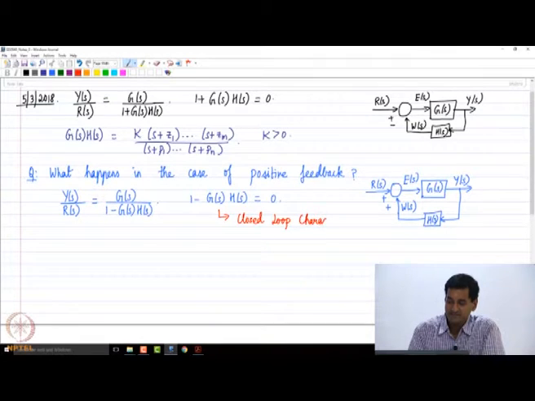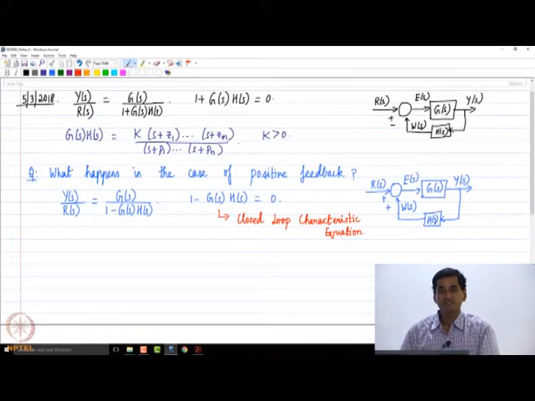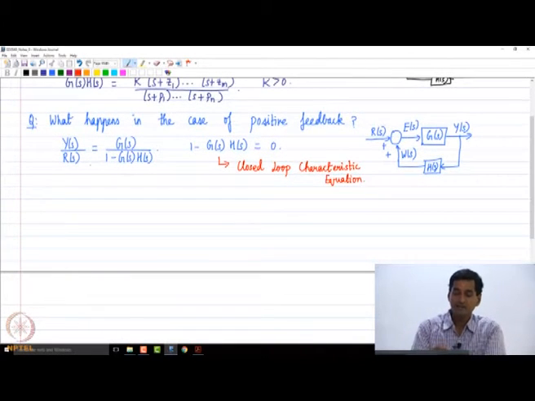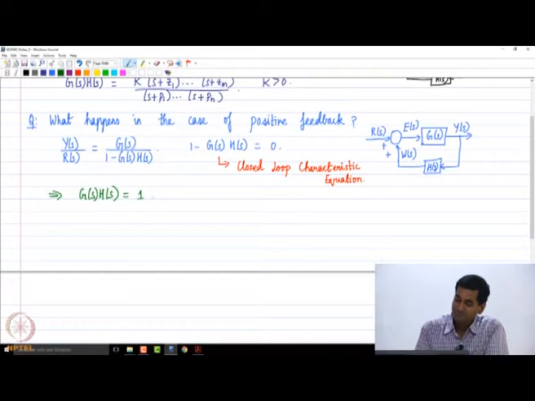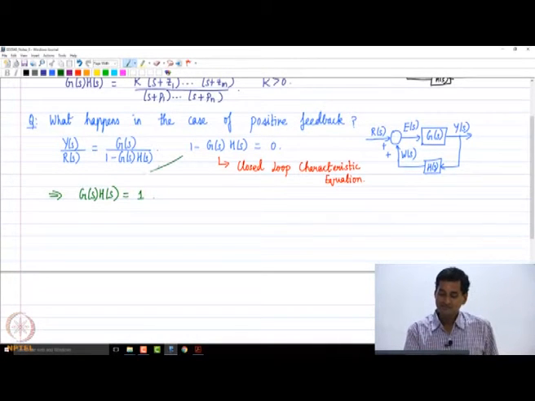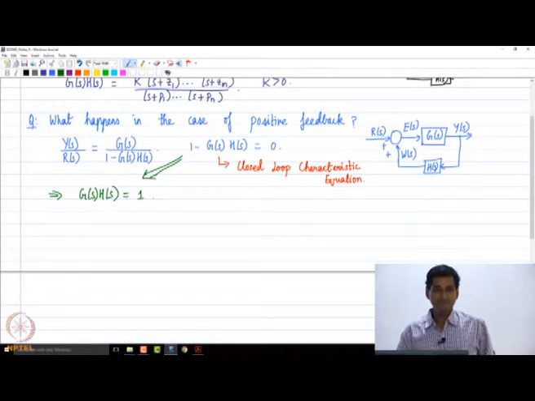Any value of s that satisfies 1 minus G of s H of s equals 0 would now be a closed loop pole. This implies that any value of s which makes the open loop transfer function equal to 1 will be a closed loop pole.